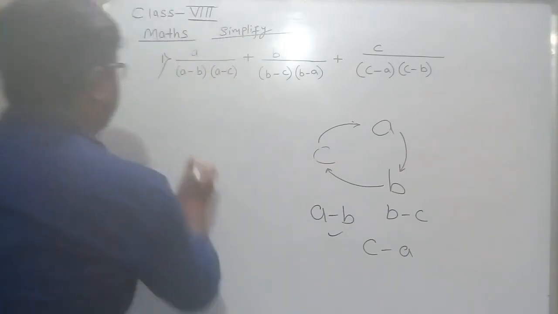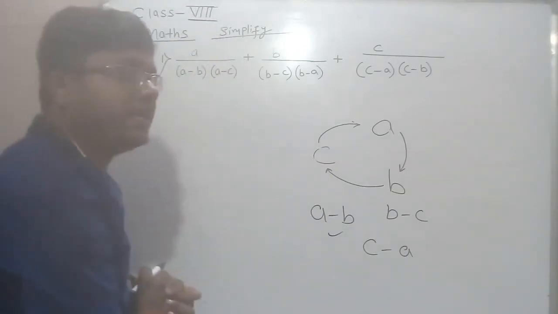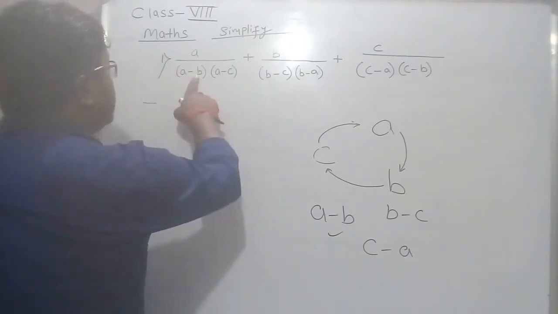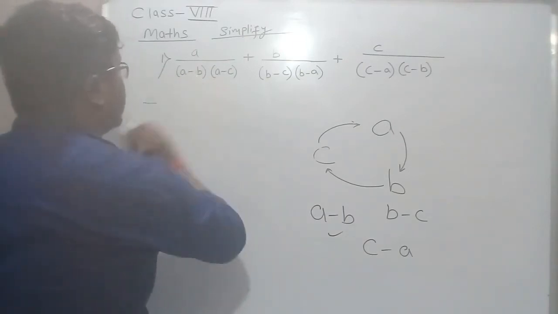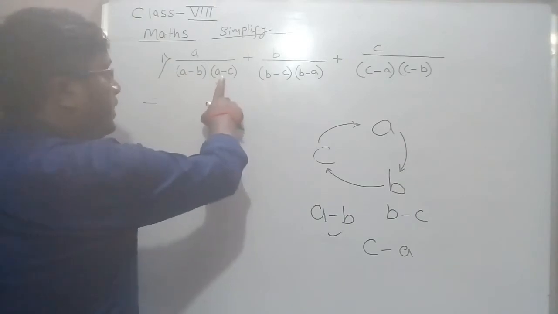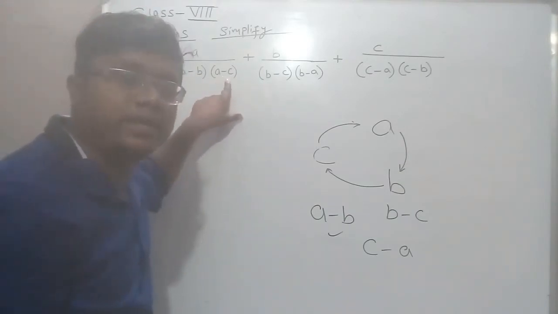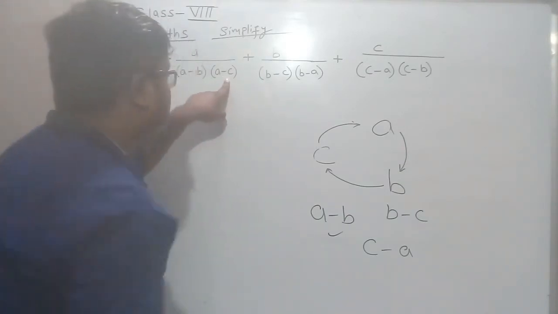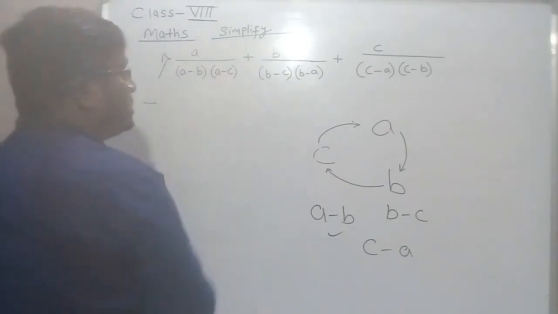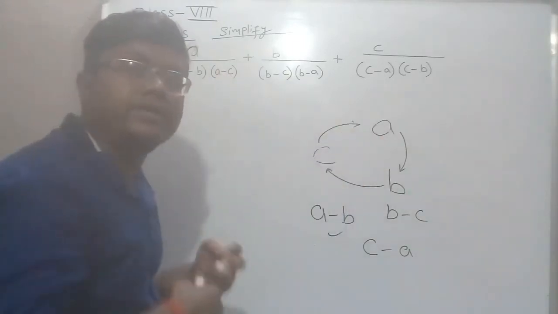So let's check where it is okay. A minus b is okay. A minus c, do we need to change it or not? Yes, obviously, because it is not in the order we are going to make.